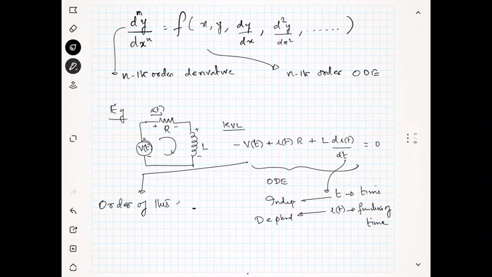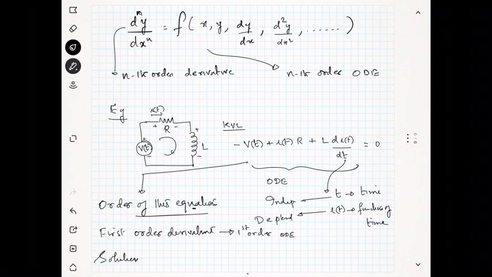What is the order of this equation? You can see that it contains only the first order derivative, right? Since it contains only the first order derivative, it is known as the first order ordinary differential equation. Now what is the solution of this equation?